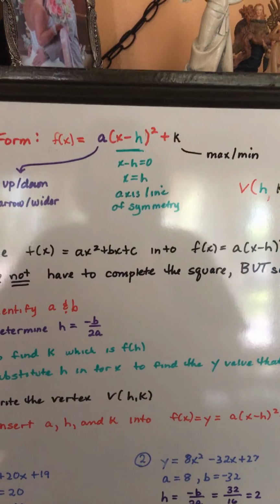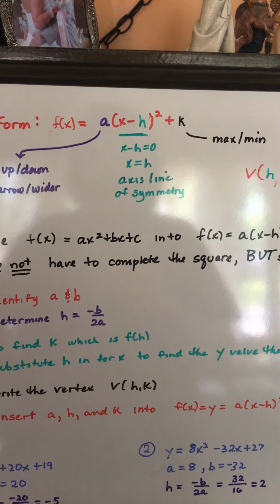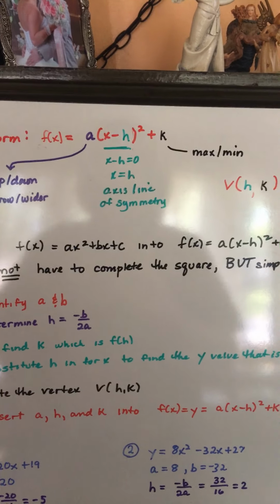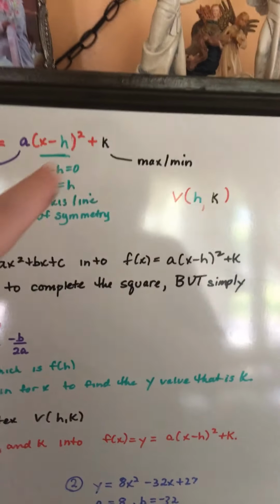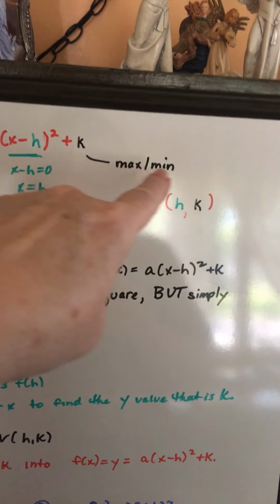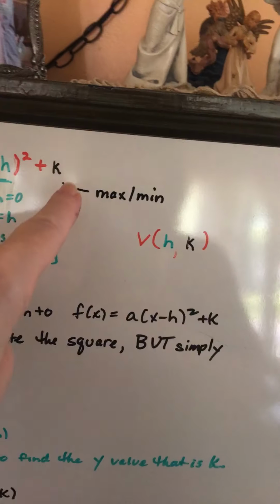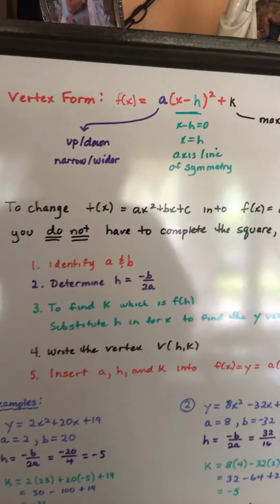When I set the quantity inside equal to 0, it not only tells me what h is, but if I actually write it as an equation, this is the line of symmetry. And notice the k, up here, is the max or min value, and here's your vertex, which is either the max or min point.